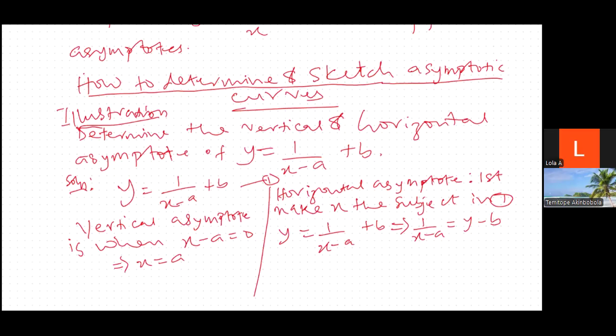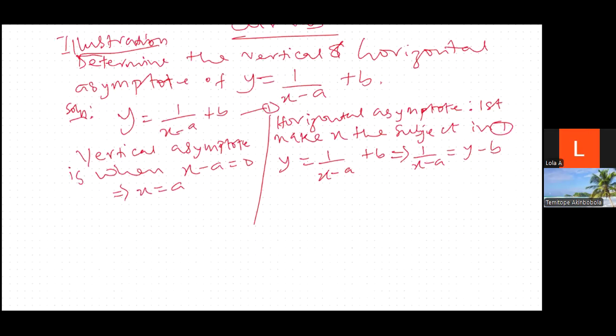Are you with me? Yes, sir. Okay. Now I will rearrange this. When you rearrange that, it will become x minus a equals 1 over y minus b. Do you agree with that? This goes to this side, this comes to the denominator here. So from there, x will now be 1 over y minus b, plus a.